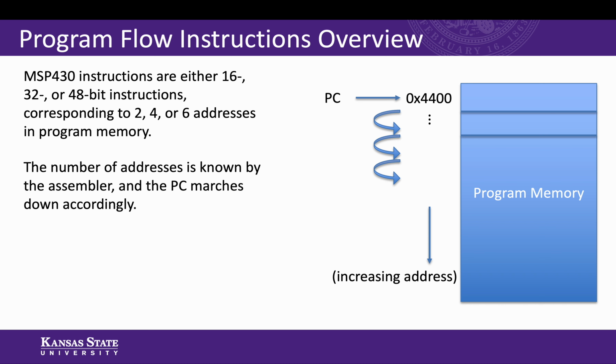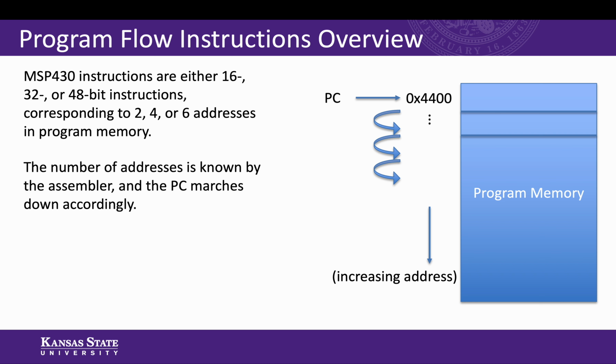The MSP 430 instructions are either 16-bit words, which are 2 addresses, 32-bit words, which are 4 addresses, or 48-bit words, which are 6 addresses, it turns out. And the number of addresses is known to the assembler by the opcode. So the program counter then just keeps going accordingly. It knows where to march along to.